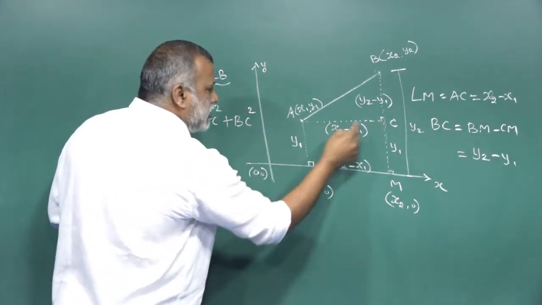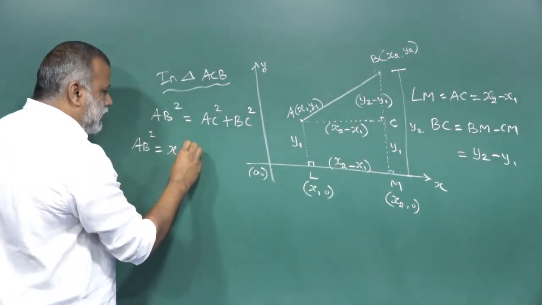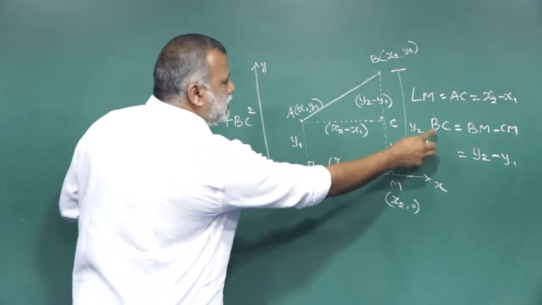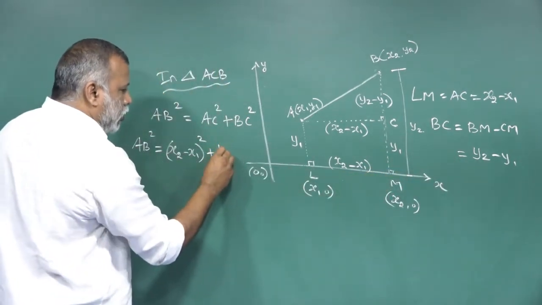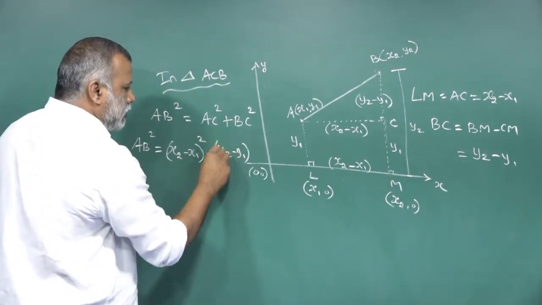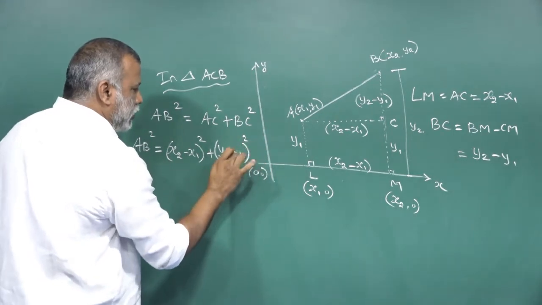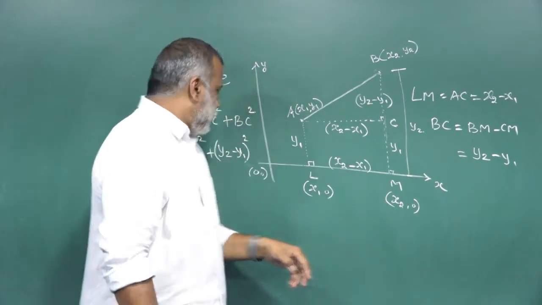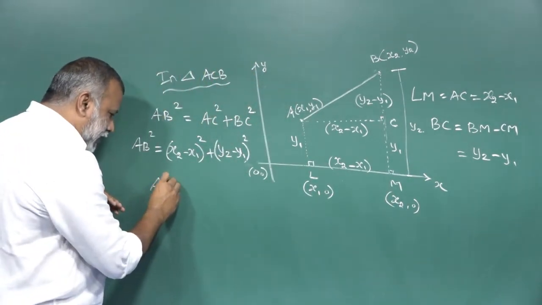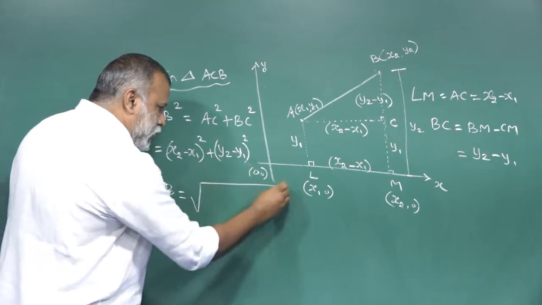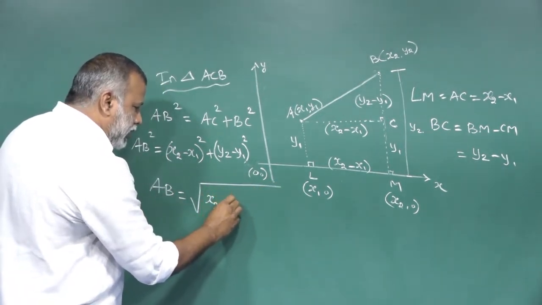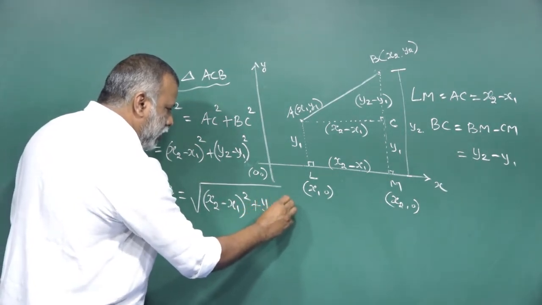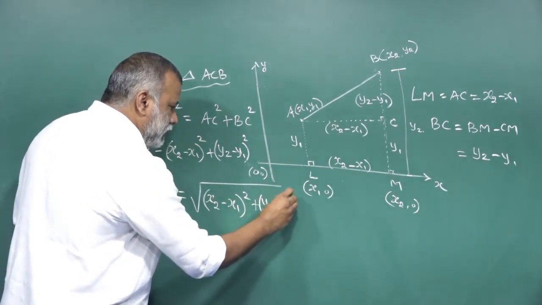See the distance here, AC is x2 minus x1 the whole squared, plus BC. What is the value of BC we worked out? y2 minus y1 the whole squared. So from this we need AB. AB is the square root of x2 minus x1 the whole squared plus y2 minus y1 the whole squared.